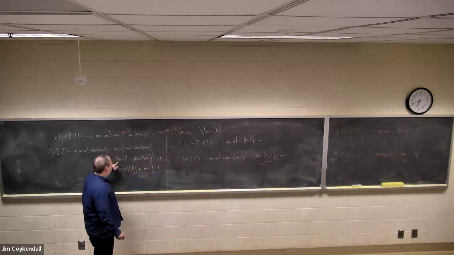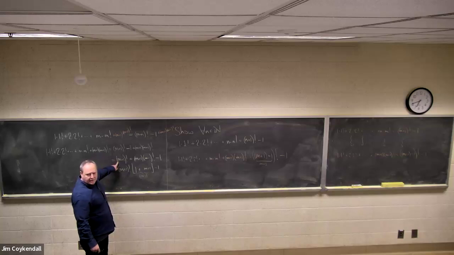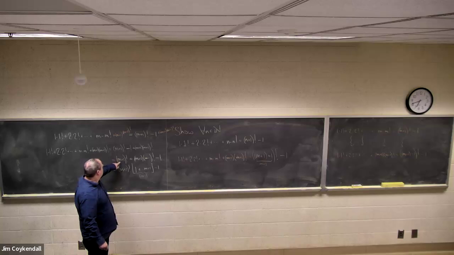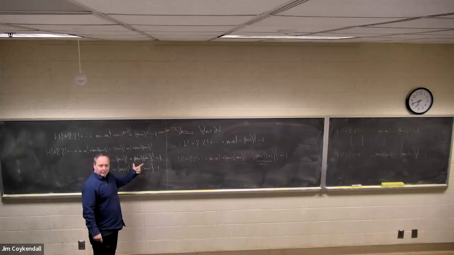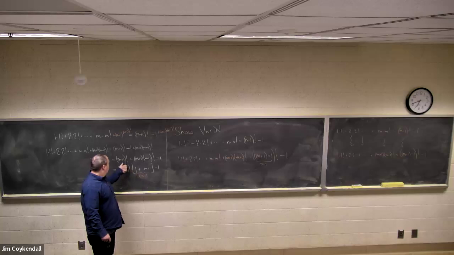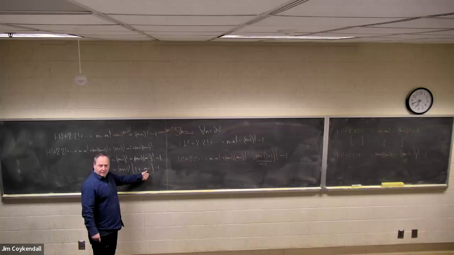Are you with me here? Yeah. So what I did is I pulled an (n plus 1) factorial out of the first two terms, which leaves me a 1 here, and it leaves me an (n plus 1) here. But this thing right here is n plus 2, right? Because this is n plus 1 plus 1.